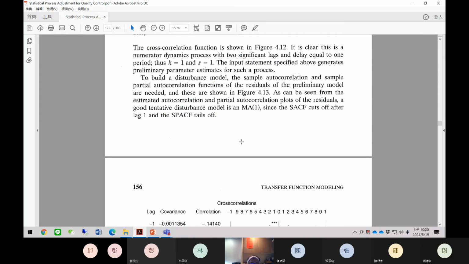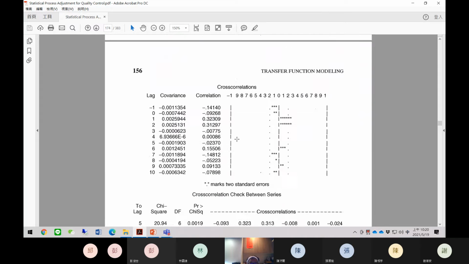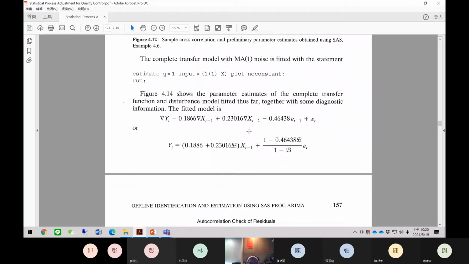It's so clear. It must be an MA(1). So we just put MA(1) right here, with difference 2. Okay, like that.